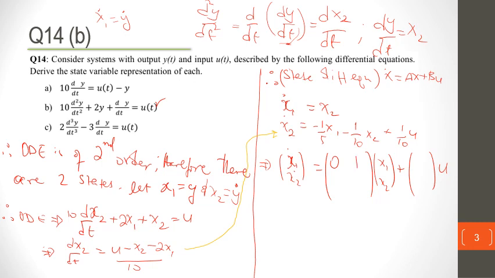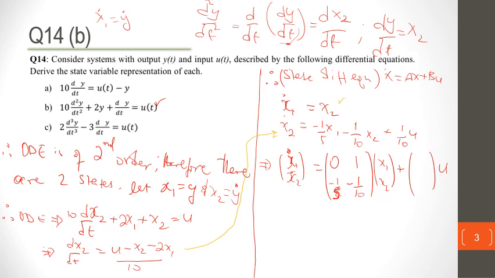So x1 dot will be equal to 0 times x1 plus 1 times x2, which is what we are having here. x2 dot is minus 1 over 5, minus 1 over 10.